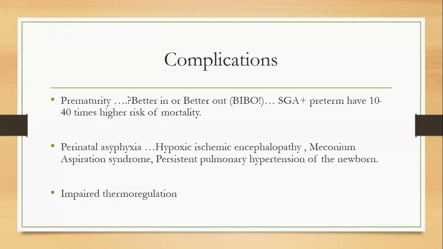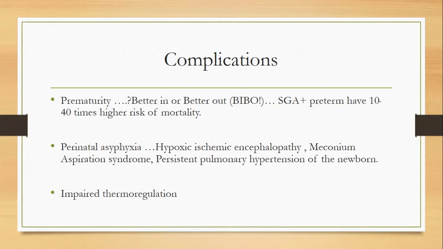And then what we find is that babies who are small for gestational age plus preterm have a 10 to 40 times higher risk of mortality than their appropriate for gestational age counterparts. They are also at a high risk of perinatal asphyxia. If they don't come prematurely, they come late.